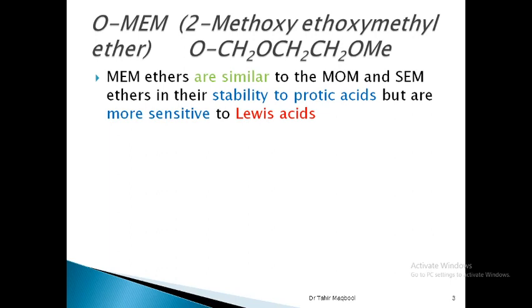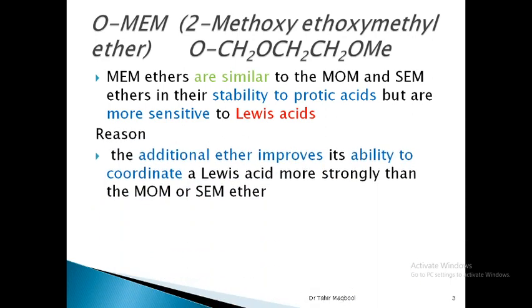In which way are these stable? In their stability to protic acid, because these are stable to protic acid, but more sensitive to Lewis acids. The reason is pretty obvious. What is the difference between MEM and MOM? There is only one methoxy group in methoxymethyl ether, while here there is an ethoxymethyl ether.